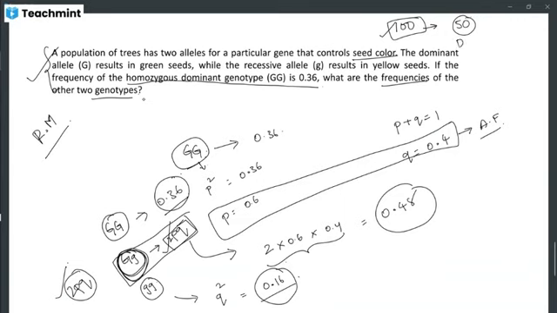In a population of 100 individuals, there are 50 homozygous dominant individuals, right? And there are no heterozygotes. So you can easily tell what will be the number of homozygous recessive individuals. It will be 50, right?